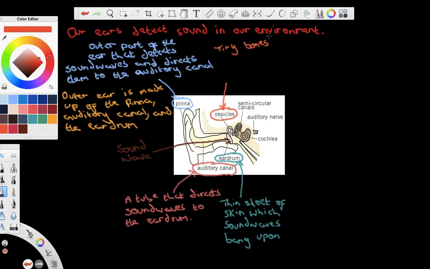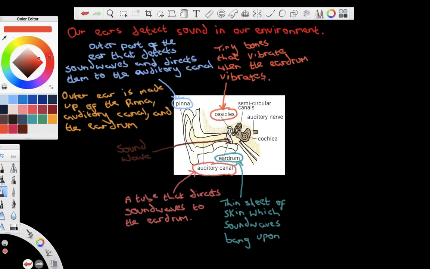They never get any bigger. So they're tiny bones that vibrate when the eardrum vibrates.